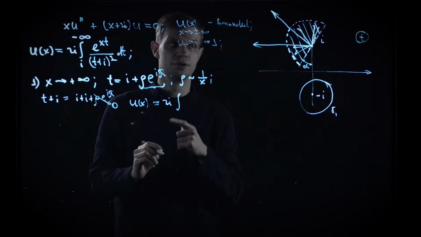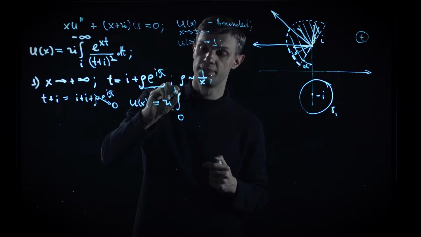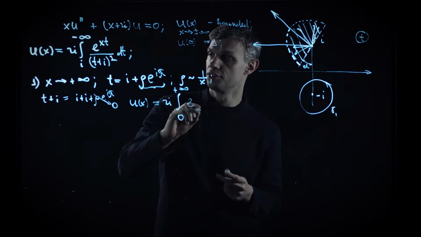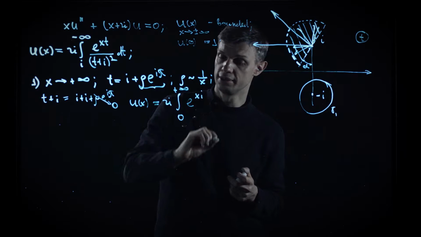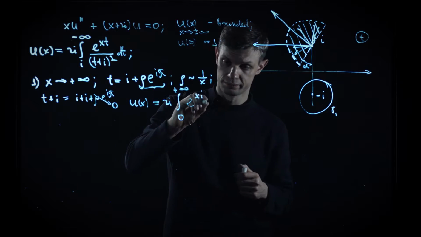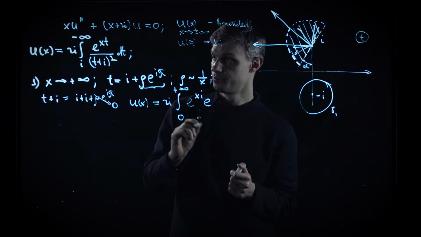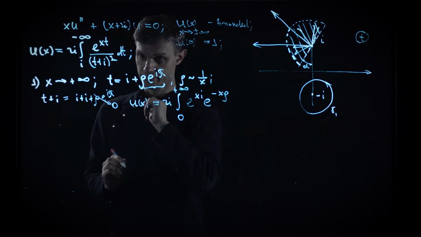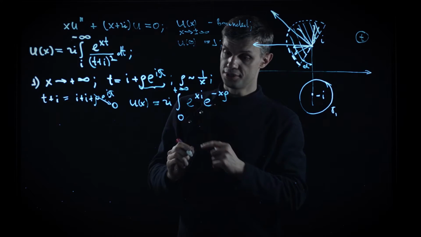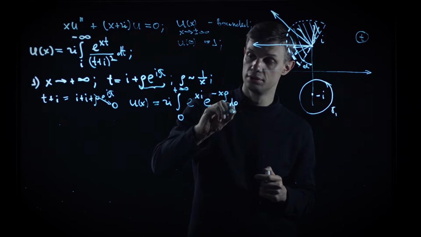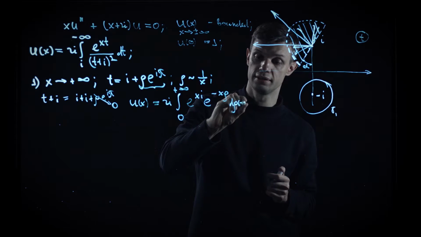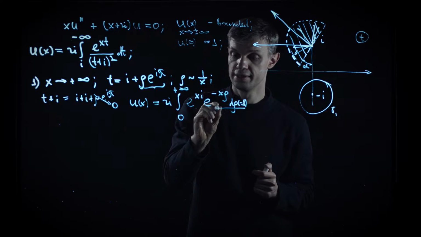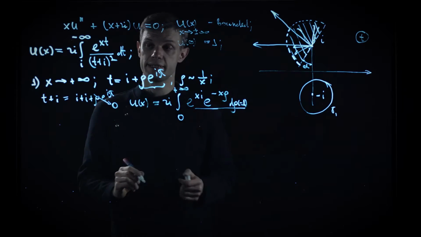So now rho changes from 0 to plus infinity. The exponential is turned into the product of e to xi and e to minus x rho. dt is turned into d rho with a negative sign, and divided by 2i squared.